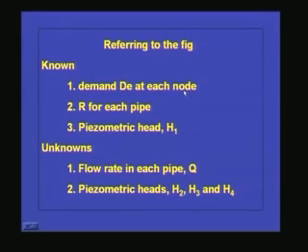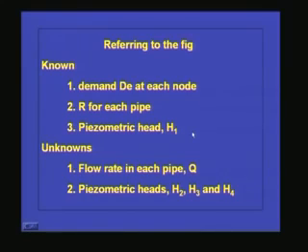Now, referring to the figure, what we know are the demand at each node and R for each pipe, because I know the length, the diameter, and the material of the pipe. So I know the resistance factor for each pipe, and I also know the piezometric head at node 1, because it is related to the water level in the reservoir.